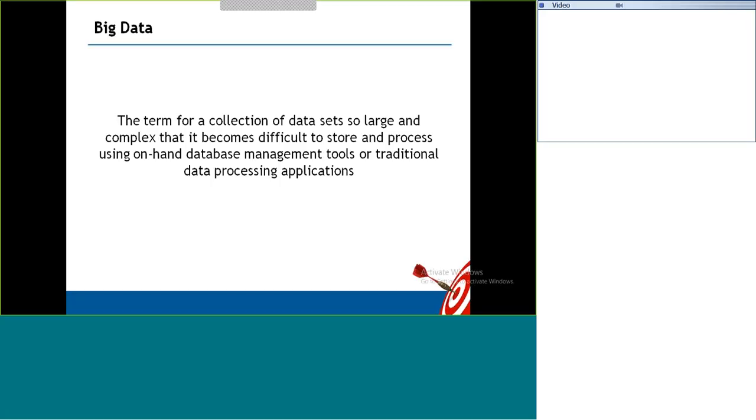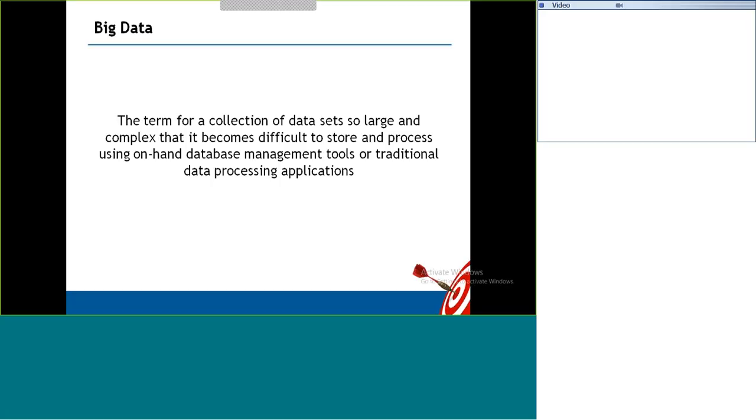Some new technologies are also implemented on Hadoop, such as high-level languages like SQL, so we need to learn those languages apart from your regular traditional technology knowledge. Now, before talking about Hadoop, we are going to talk about what is big data.